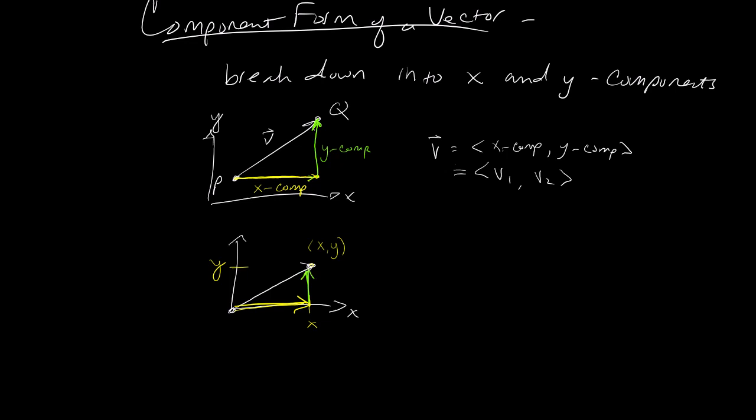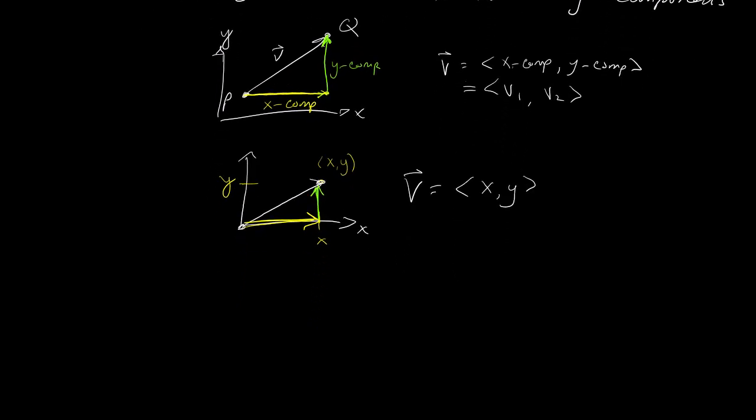So here we have our vector v equal to ⟨x, y⟩. That's very nice. If I give you a vector that begins at the origin and ends at the point (3, 2), the vector from the origin to that point is simply ⟨3, 2⟩ with the corner brackets. That's very straightforward, very simple.